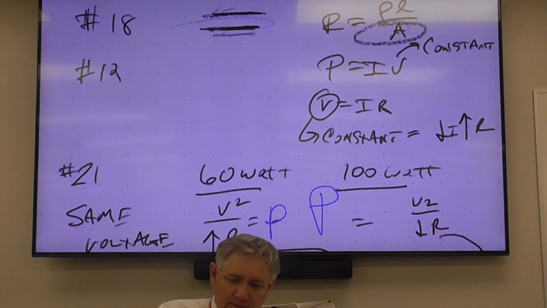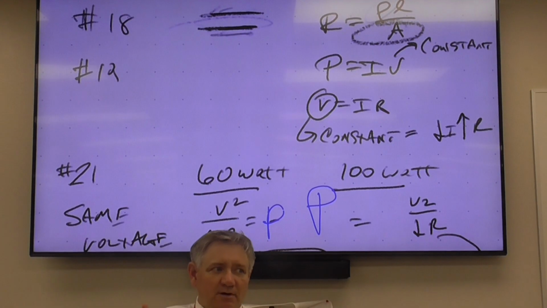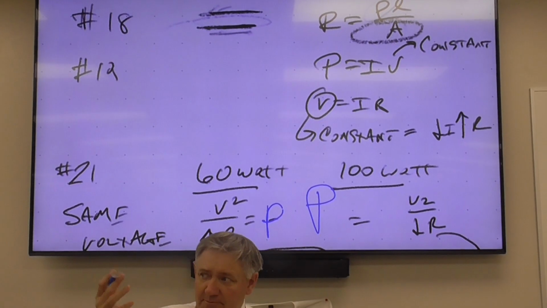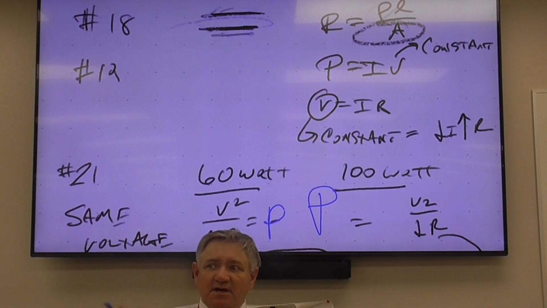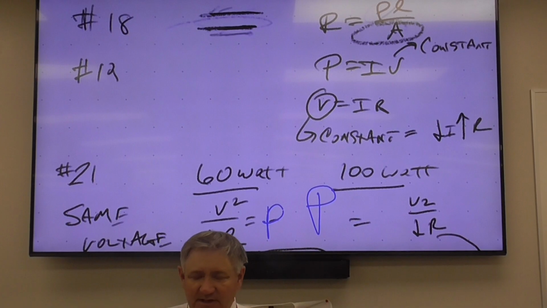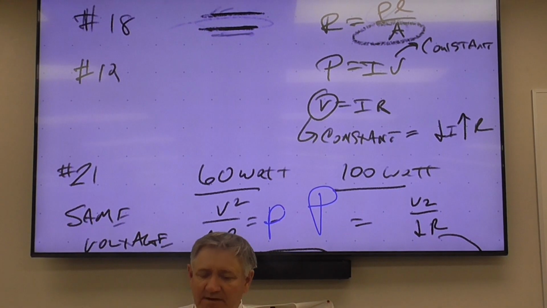Well, your rho isn't going to change, because that's a property of the material. Now, the only time rho changes drastically is when you change the temperature. So unless you're talking about extreme temperature changes, you just assume that rho value is going to be the same.